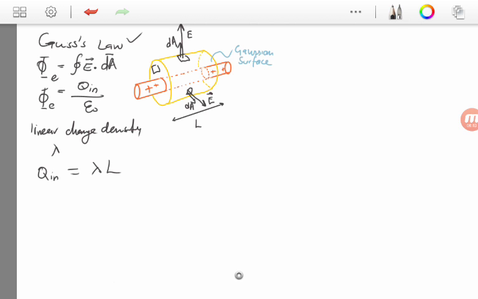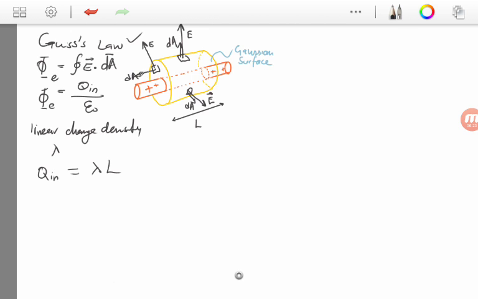When you come to the side, things start to become interesting, because the area goes this way, so this is a dA, but the electric field is going up like this. So already we can see that something interesting is happening.